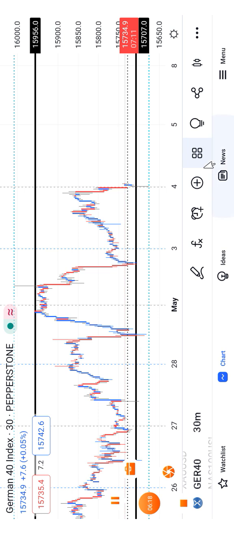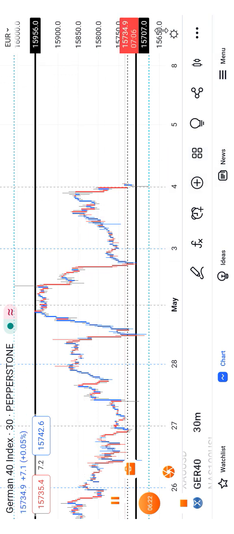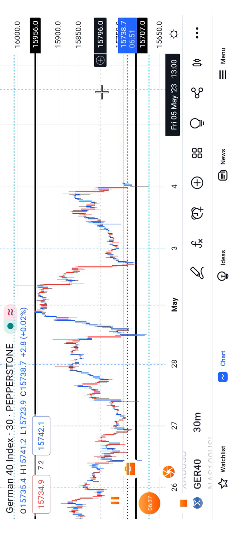So I'm going to say 249 points, which I got from here, and then I'm going to divide it by 2, right? 249 divided by 2 is going to be 124, right? It's going to be 124.